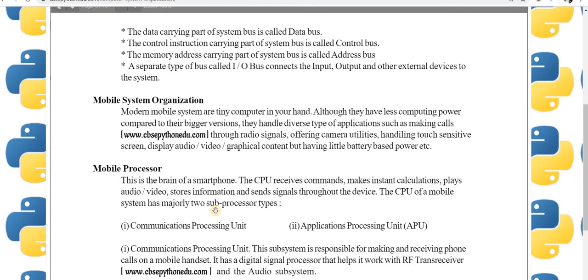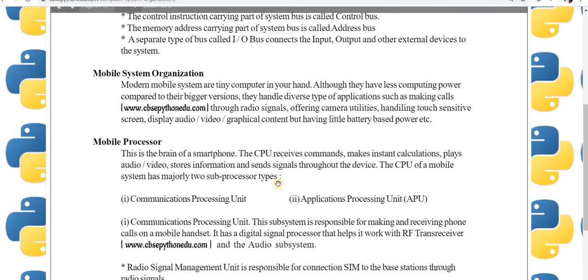Okay, so the CPU of a mobile system has majorly two sub-processor types. Okay, communication processing unit and application processing unit. Up to this point, you have come to know that obviously there are two types of things that can be done using your phone.